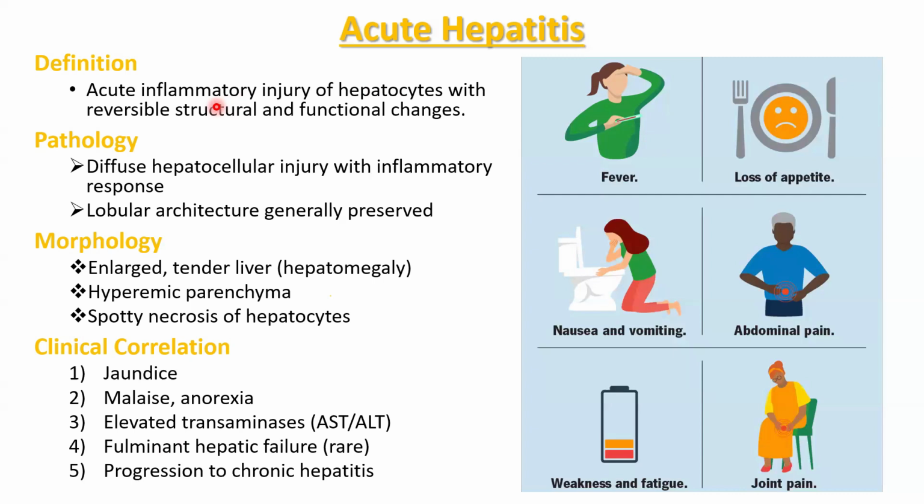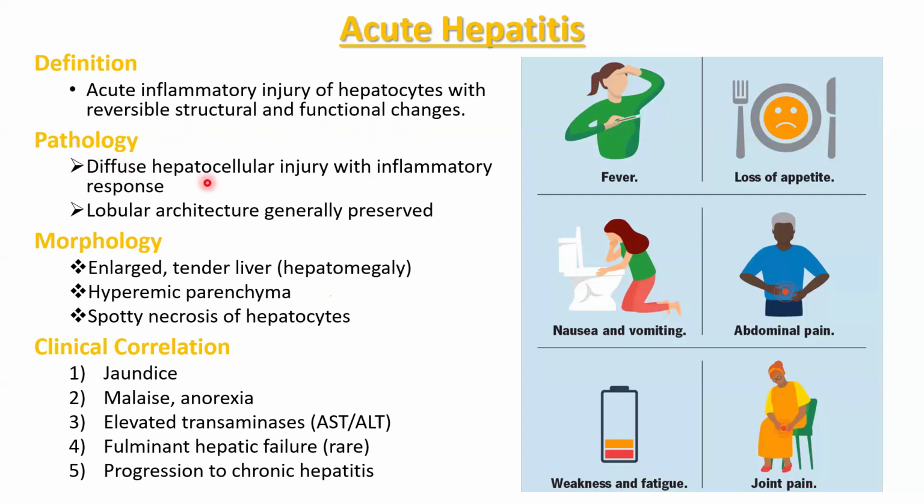What makes it acute is that it happens for a short time and it's actually reversible. So you can reverse this inflammation of the liver. And as you can see from the definition, it leads to structural and functional changes of the liver. So what is the pathology in this acute hepatitis?